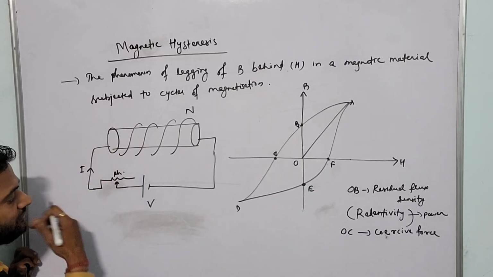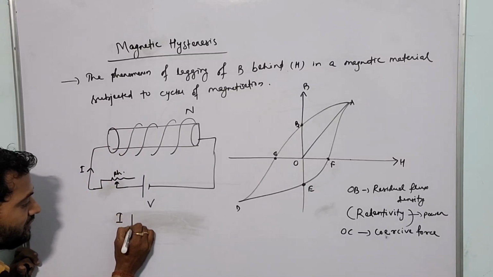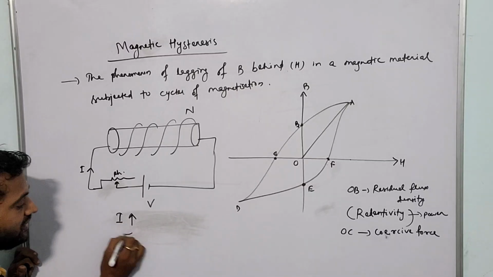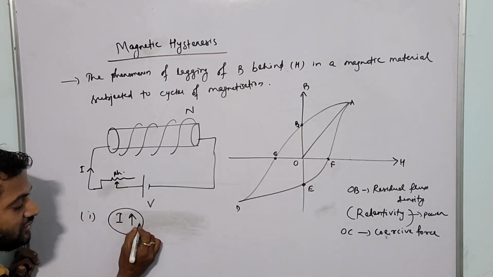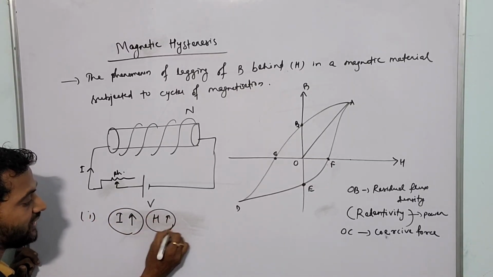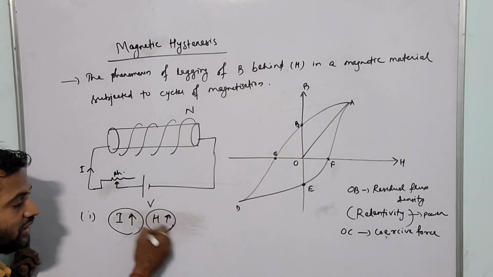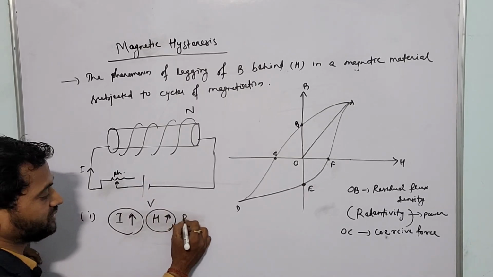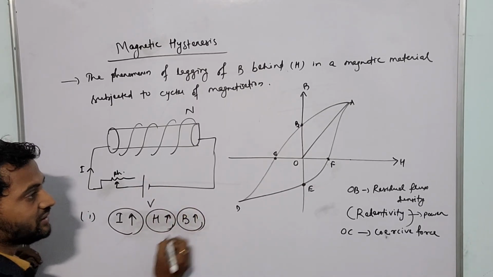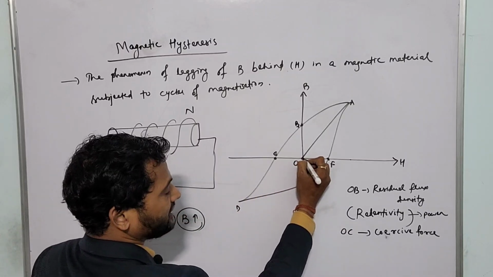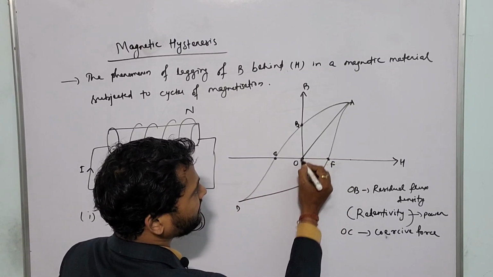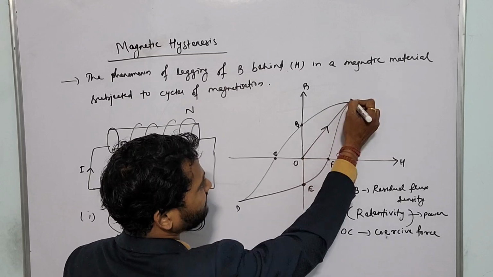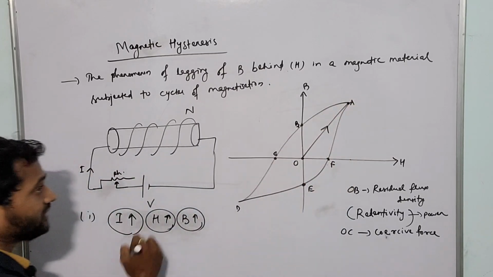If I increase the value of current, H will increase, the magnetizing force will increase. It will help to drive the magnetic flux, so B will increase. So B will follow this path.